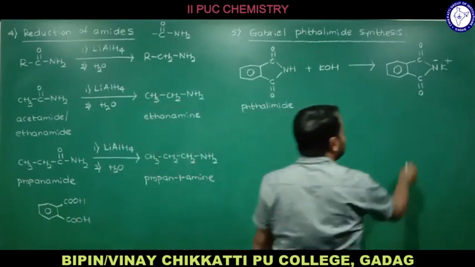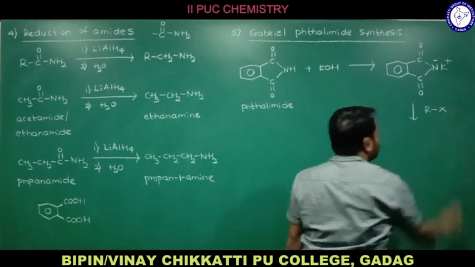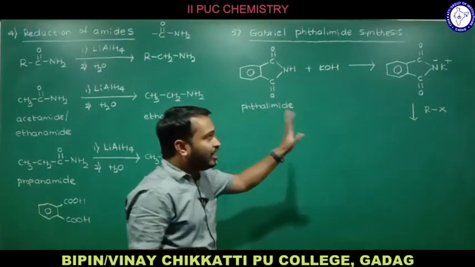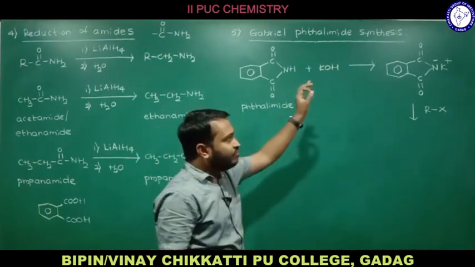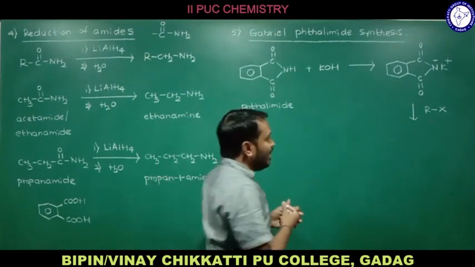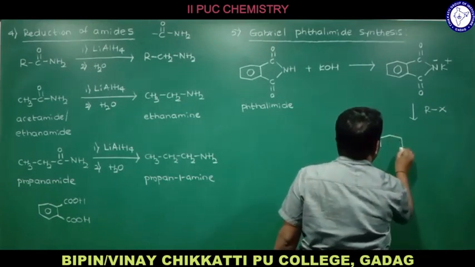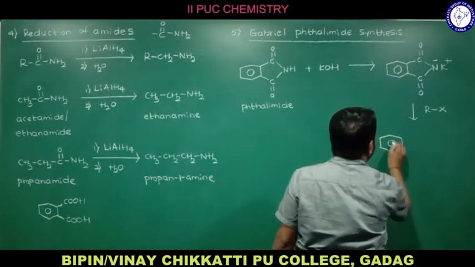When this is again treated with the alkyl halide RX, we have the alkyl halide over here, and nitrogen has the lone pair of electrons. I hope you can guess the product we are going to get here.